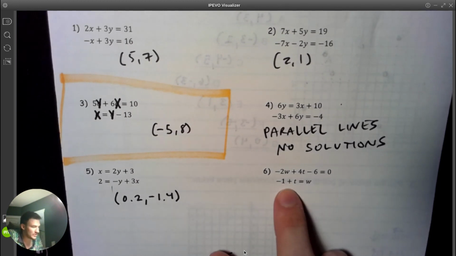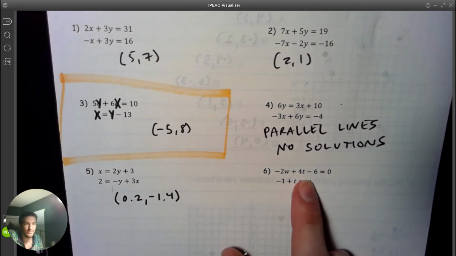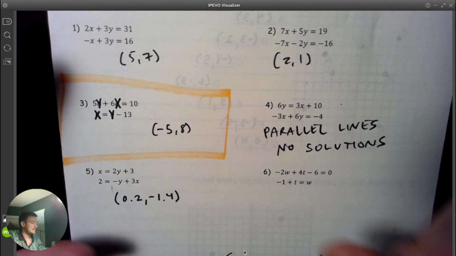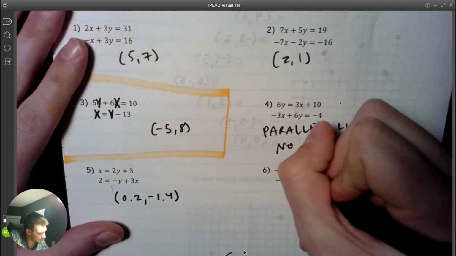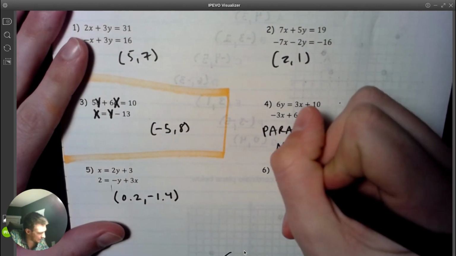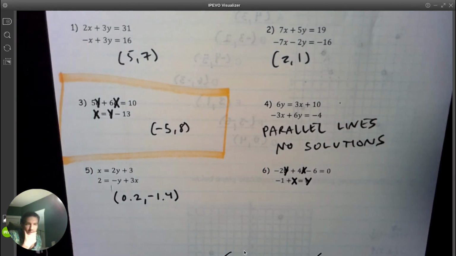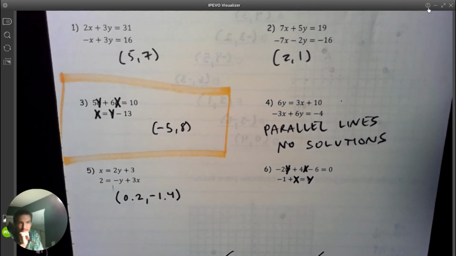The last question here has T's and W's. We got to replace it with X and Y. Use the alphabet. A, B, C, D, E, F, G, H, I, J, K, L, M, N, O, P, Q, R, S, T. T comes first. X, Y. Desmos, let's finish.